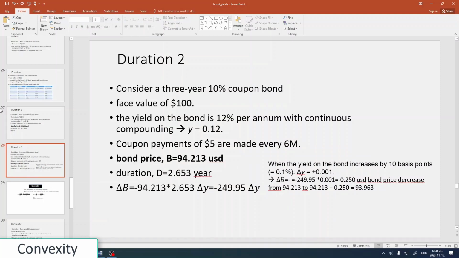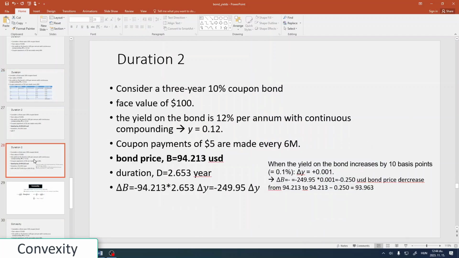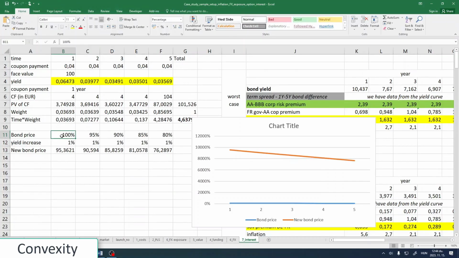Sorry, the B is the total value of PV, the bond price. Oh yes, you are right. It's absolutely right. So I cannot do this. Oh. Then. Sad.